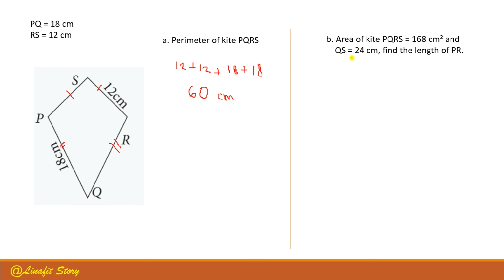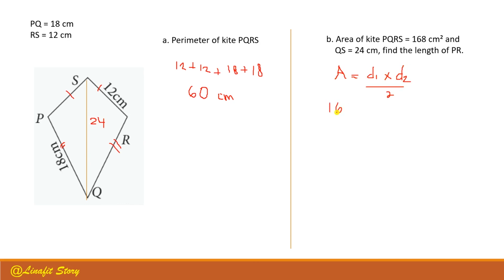Question B. The area of kite PQRS is 168 square cm and QS is 24 cm. Find the length of PR. To get the area of a kite is diagonal 1 times diagonal 2 divided by 2.